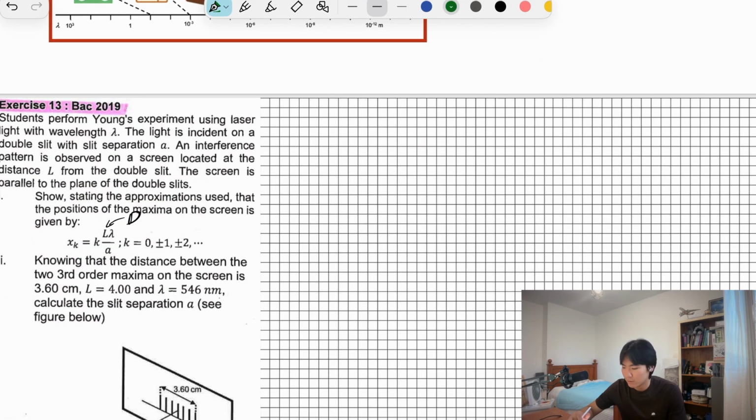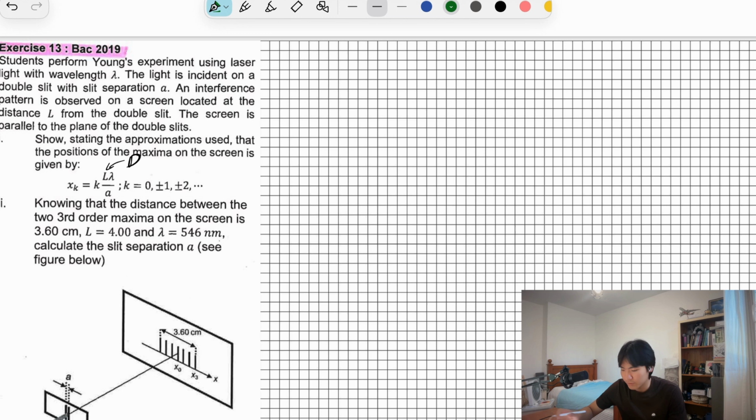Okay, let's cover this question together. This was a question in the 2019 baccalaureate, and we will be solving this together.